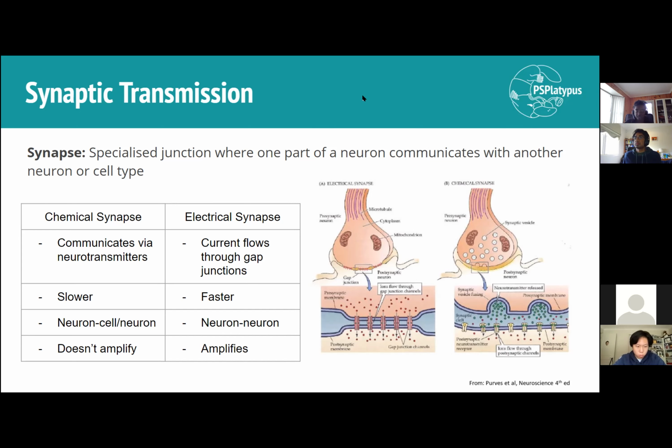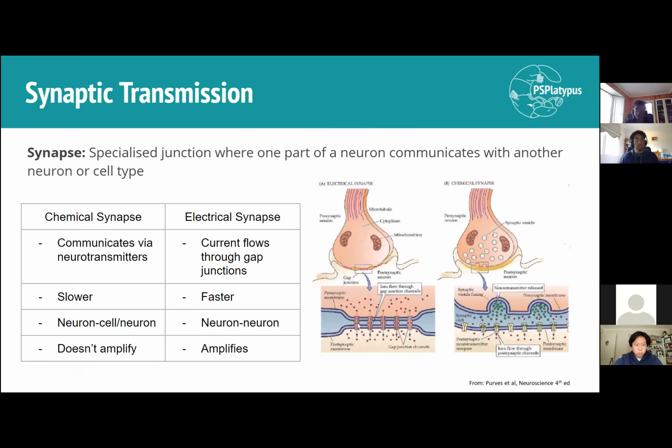So when the action potential moves down this axon, the way that it's going to transmit across is going to be a little bit tricky because the membrane is not continuous, right? So it can transmit across through a chemical synapse, which communicates via neurotransmitters, or an electrical synapse, which is a gap junction.